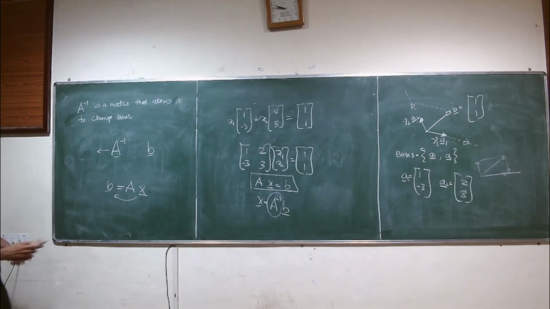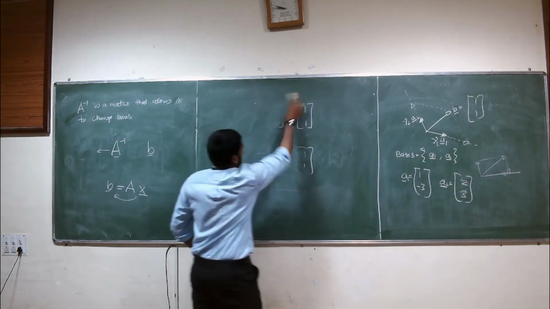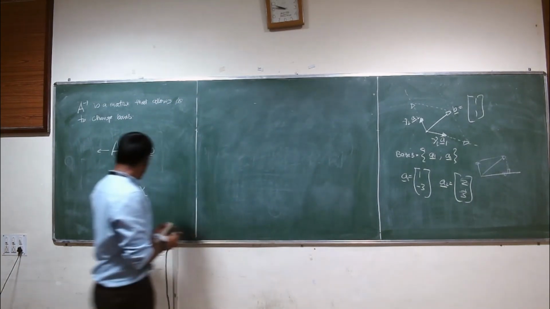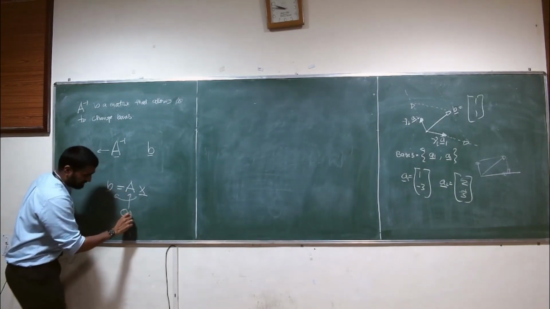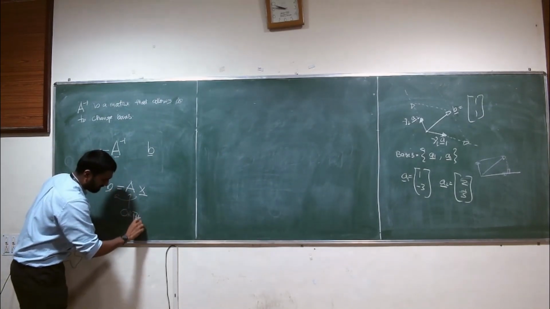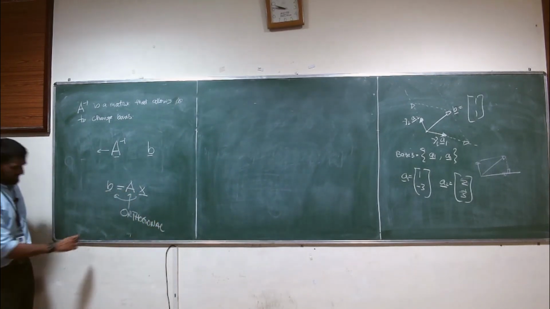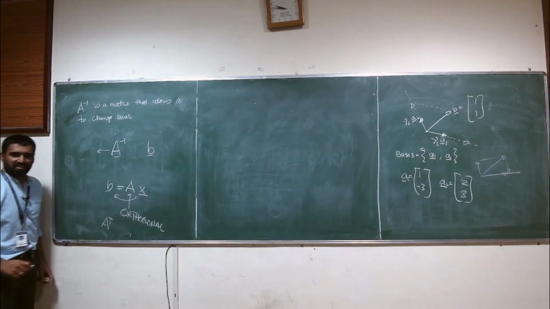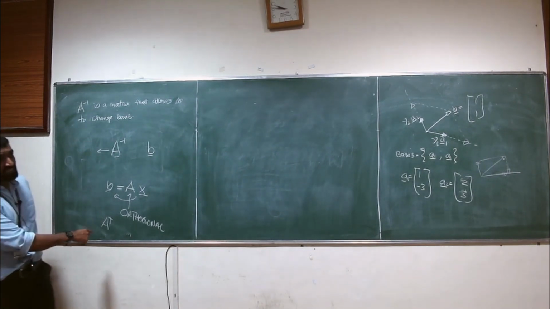Okay, all right. So with that, here, if A was orthonormal or orthogonal, then the change of basis is simply A transpose. The change is easy.